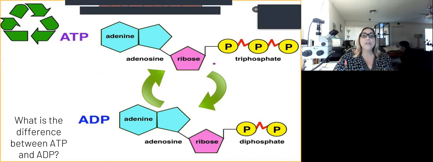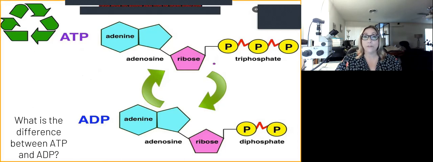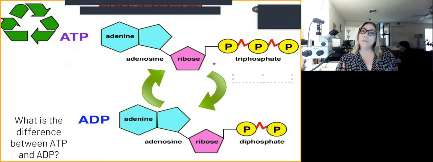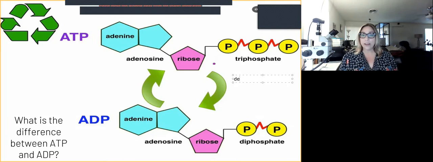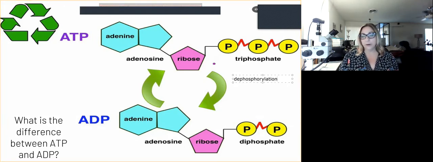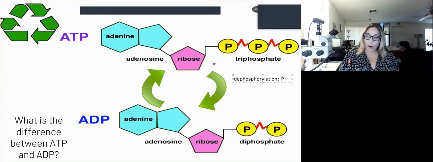Now, I mentioned the terms phosphorylation and dephosphorylation. So it sounds complicated, but it really just means adding or removing a phosphate. So when we go from ATP to ADP, this is dephosphorylation. Phosphate is removed.